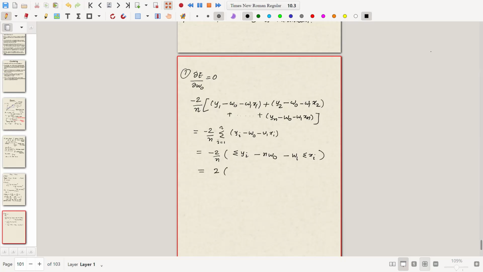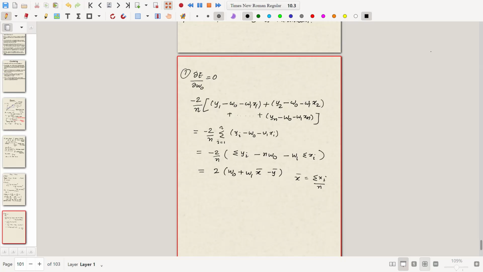Eyeball this, you will get something like this. What is x bar? The mean. Okay with everyone? So we will set this to 0.